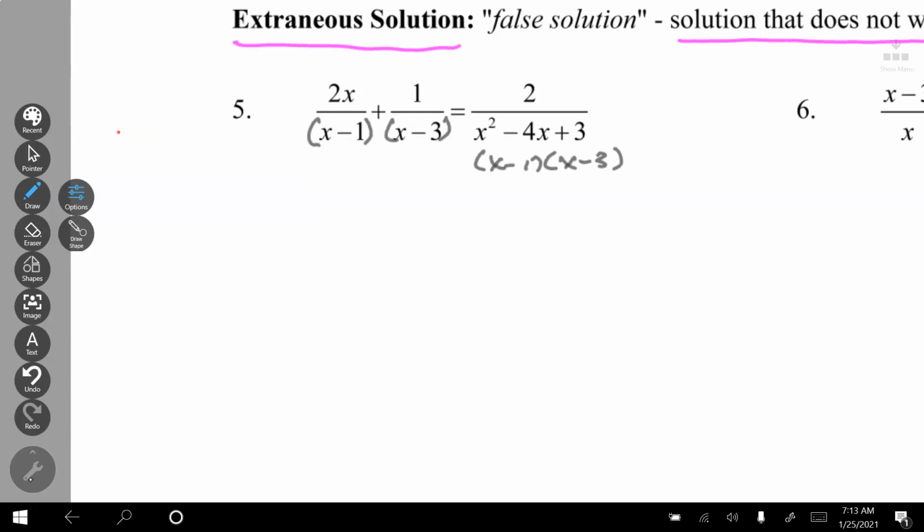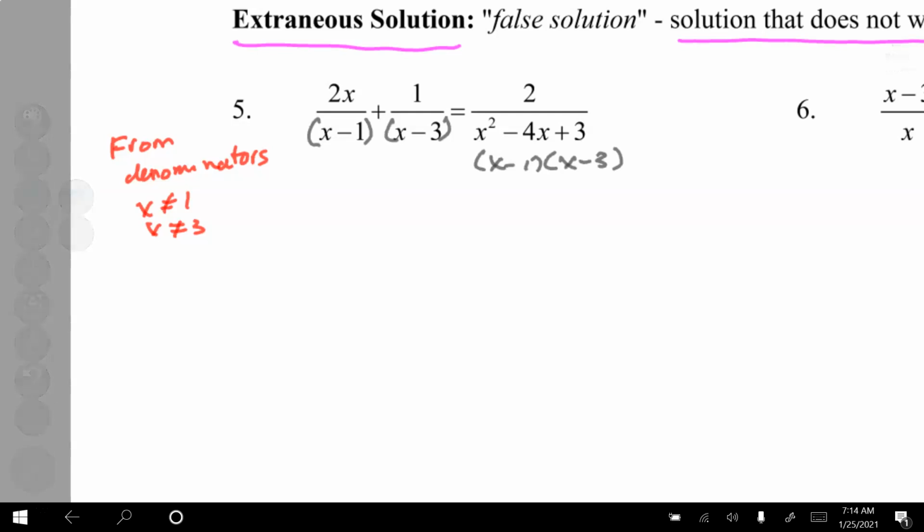Right now, from the denominators, x cannot equal 1 and x cannot equal 3, because if I put those in the denominators, that means I would divide by 0, and that can't happen. So if I ever get a solution of 1 or 3 for this problem, I have to say it's algebraically incorrect, or what we call extraneous.